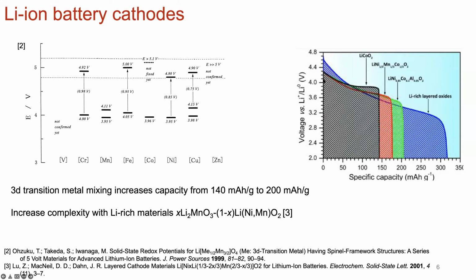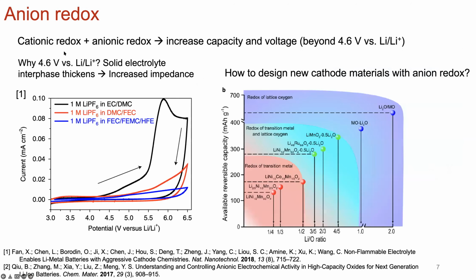we then need to understand the complexity of the redox chemistry that occurs in these types of materials, because what you'll see is as the voltage approaches basically anything above 4.4, 4.6 volts, that is when we really start to worry about decomposition of the electrolyte.